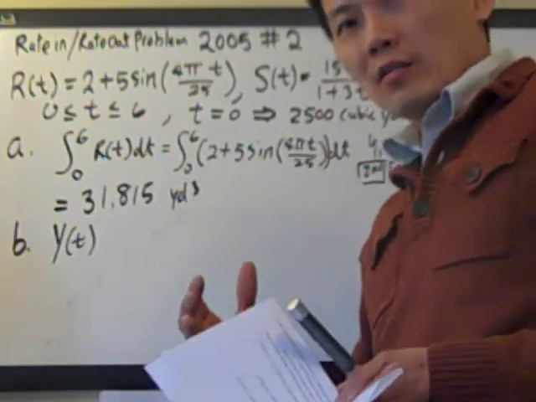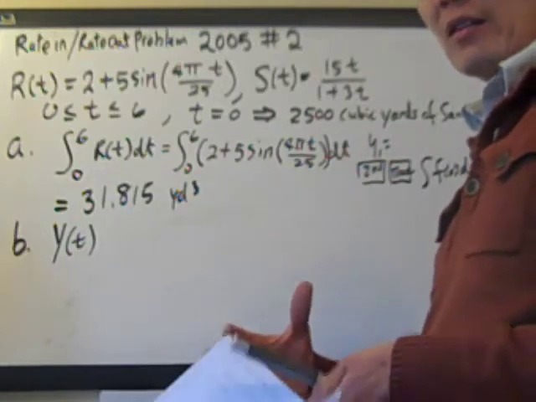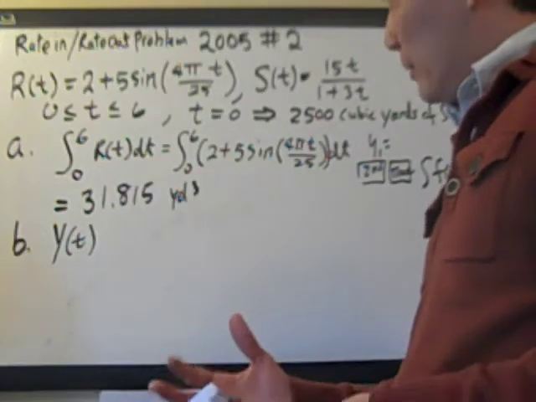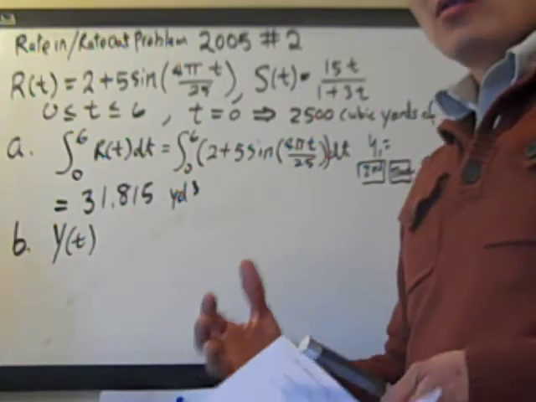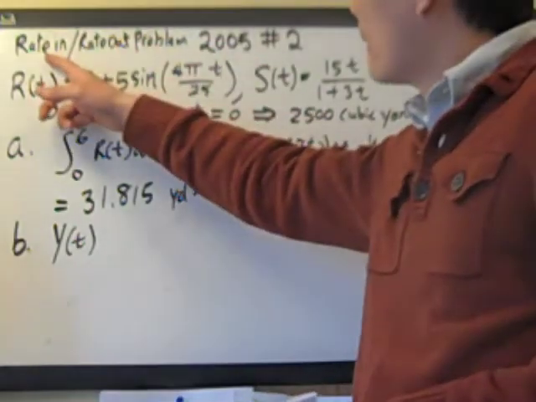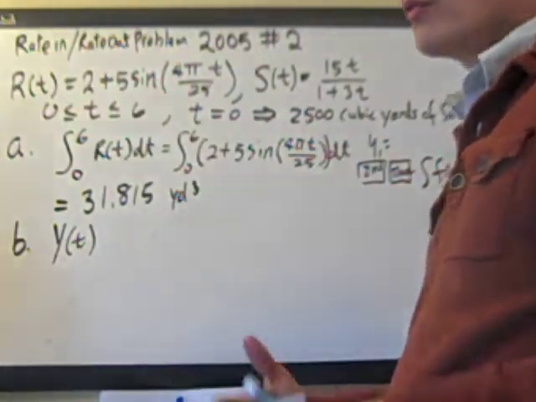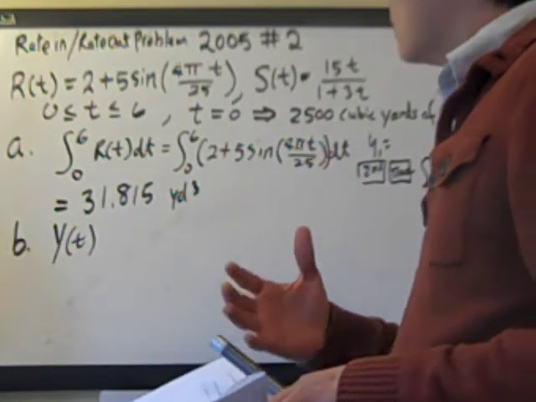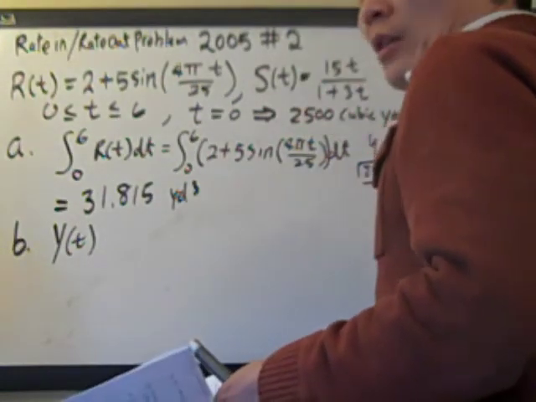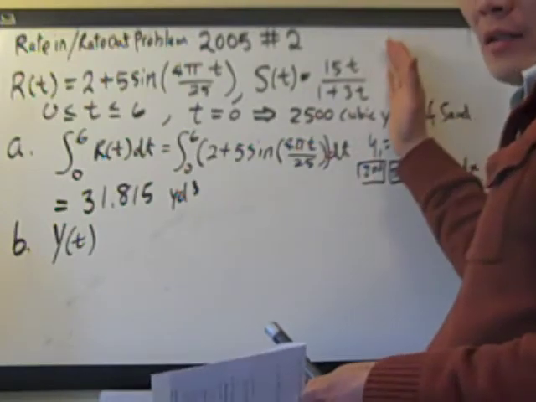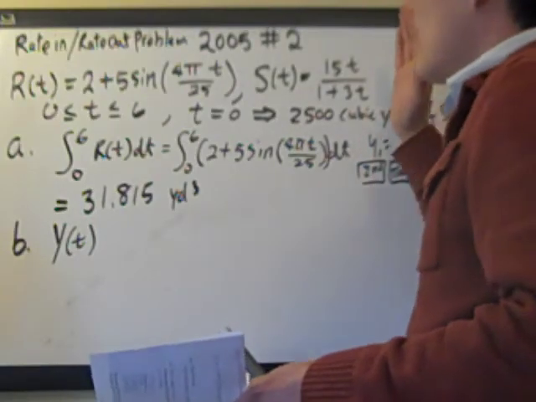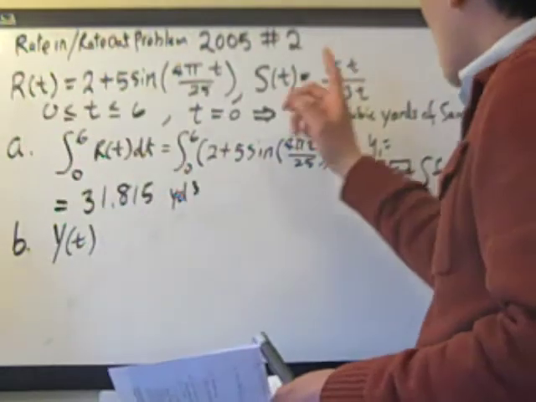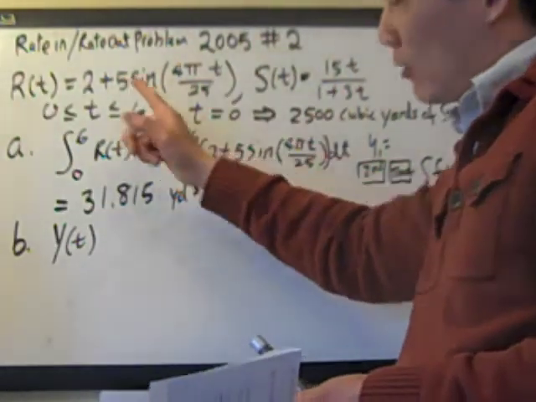The actual rate of change for the amount of sand on the beach should be rate in minus rate out. What that means is the actual rate of change for the sand is equal to the rate in, which is the sand being added, minus the sand that's being removed. Rate in minus rate out.